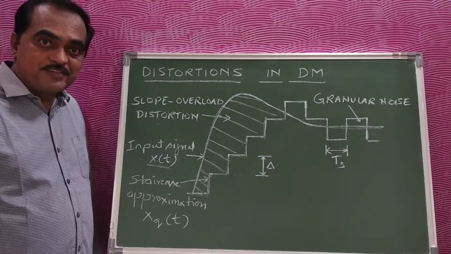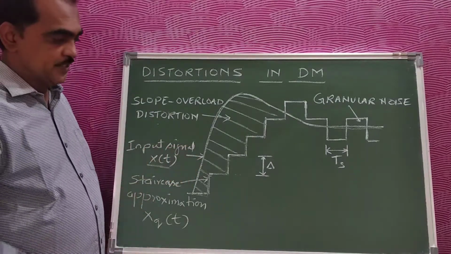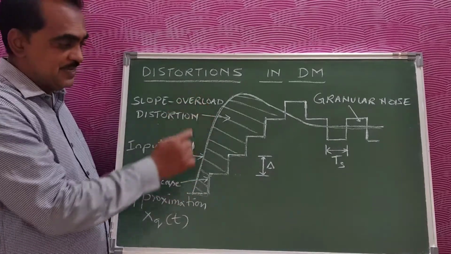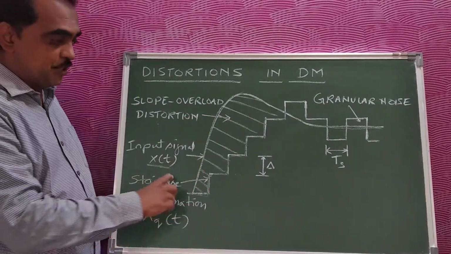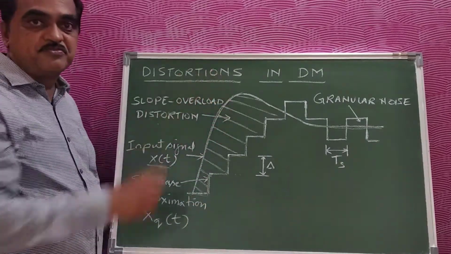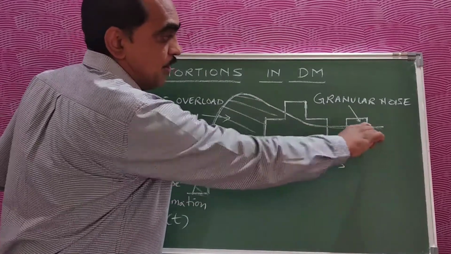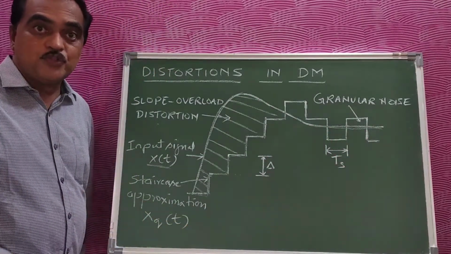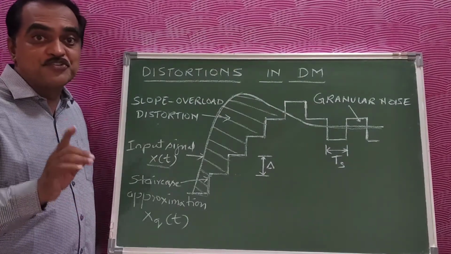Now to avoid this type of distortions, in the first situation when the signal is very steep, the step size should become large. There should be a large step size, and when the signal is not varying at all, the step size should become small. So the step size has to adjust according to the information signal.